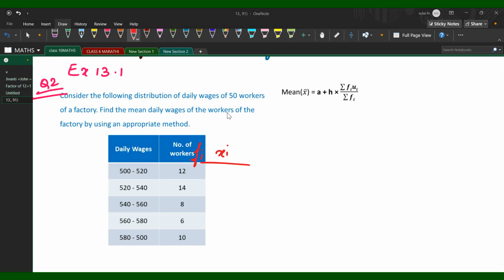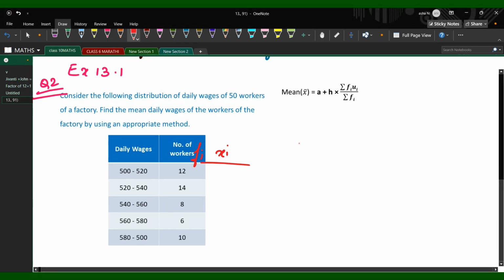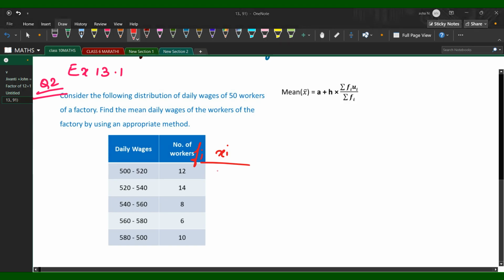And ui is very important. What is ui? That also we will see now. And fiui. Once we get ui, then we will get fiui also. Let's first find out xi.